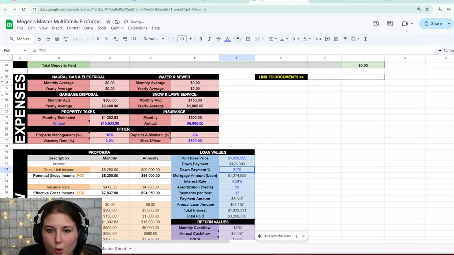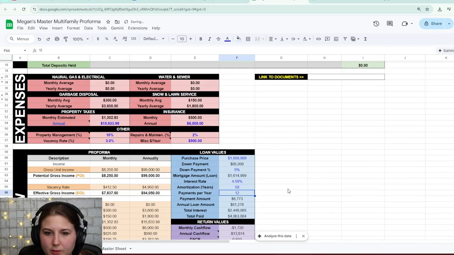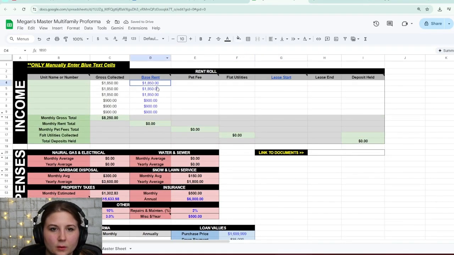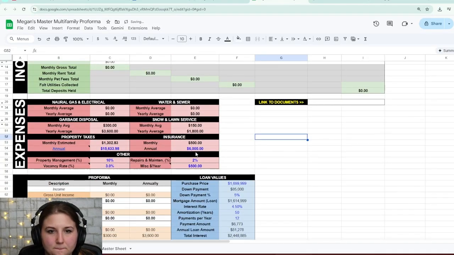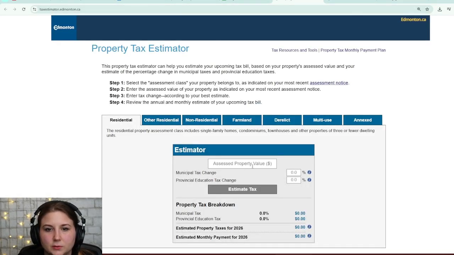We're going to want it for 5%, 50-year AM as well. Clear out these rents. Insurance will be the same. Property tax will be different because the price is different. Estimate tax. Yeah, so you see you're right around that 16K mark still.